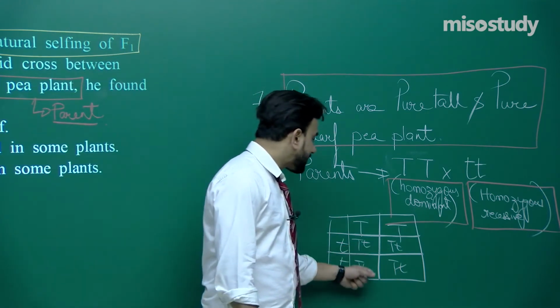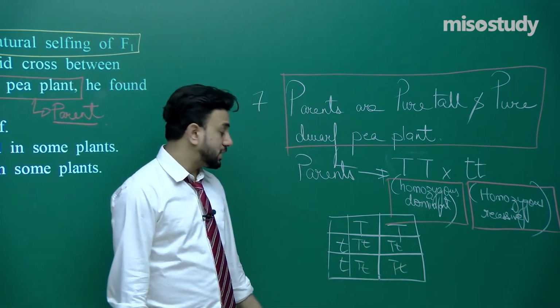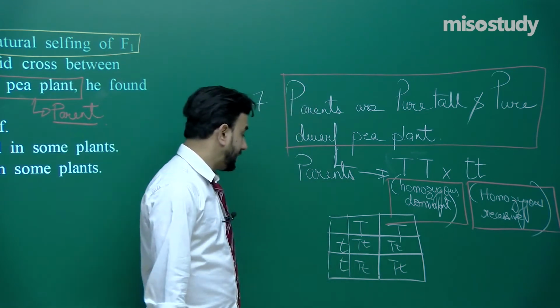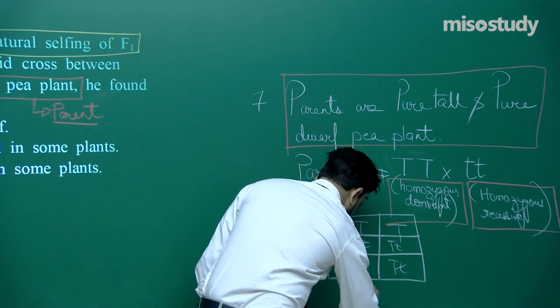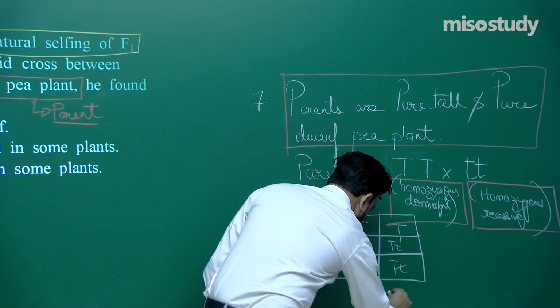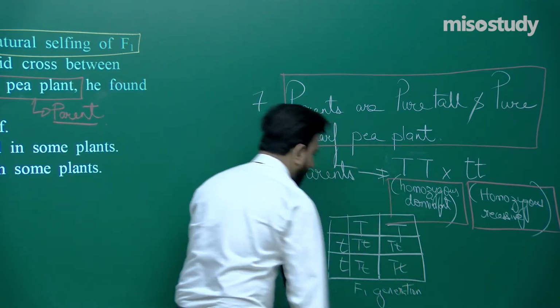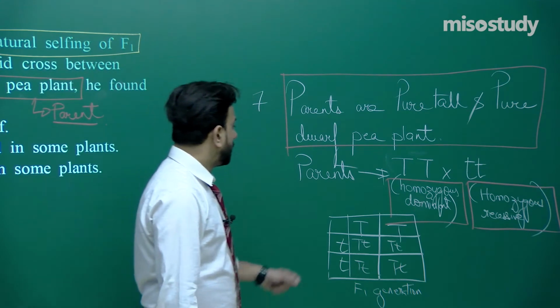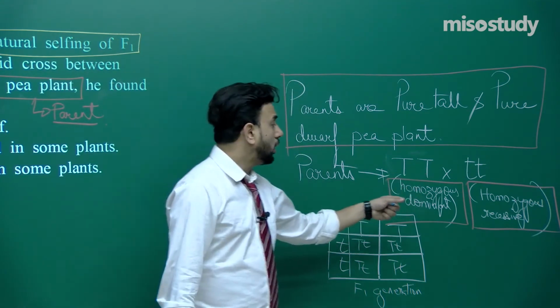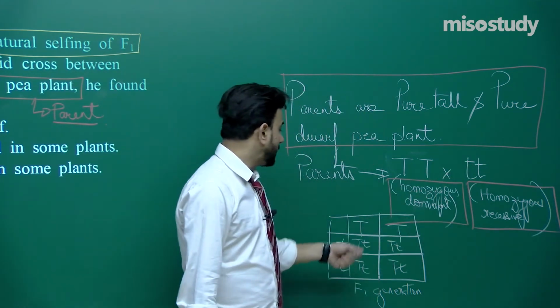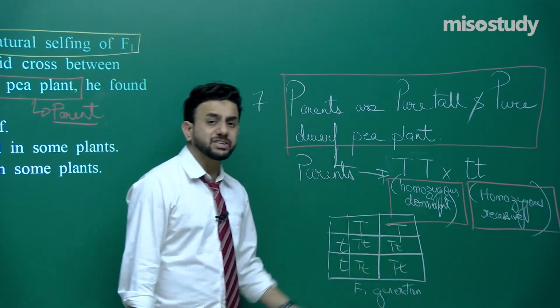So a heterozygous condition, but all will be dominant, all will be tall in the F1 generation. This is the F1 generation. Homozygous tall, homozygous recessive, then we will see the gametes and we will cross them.